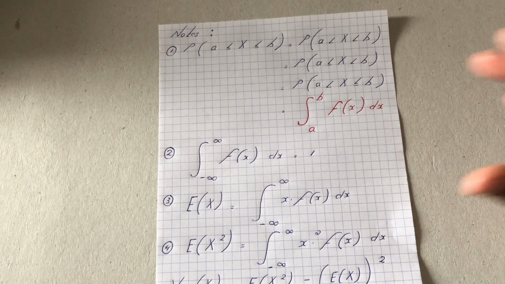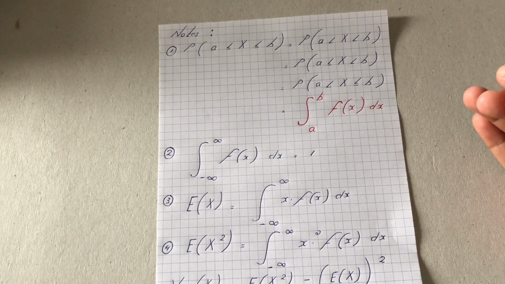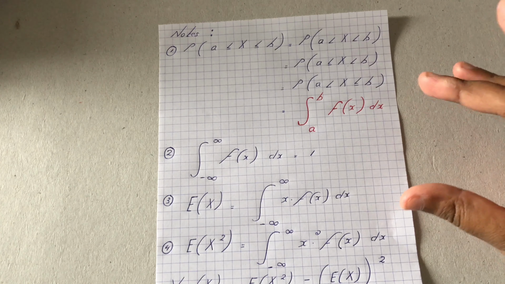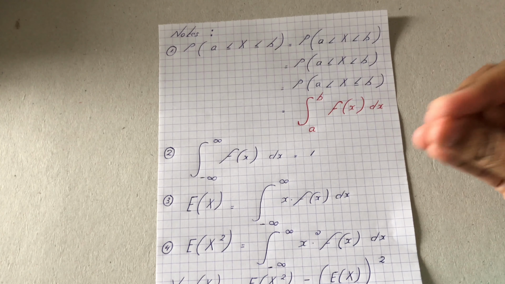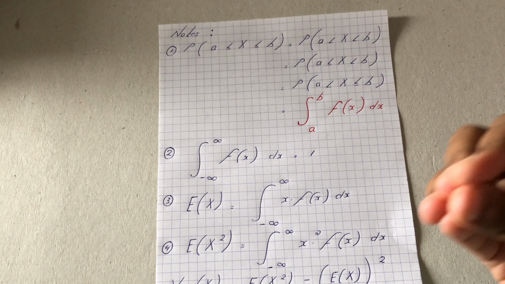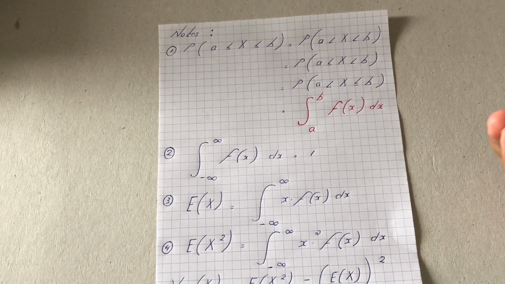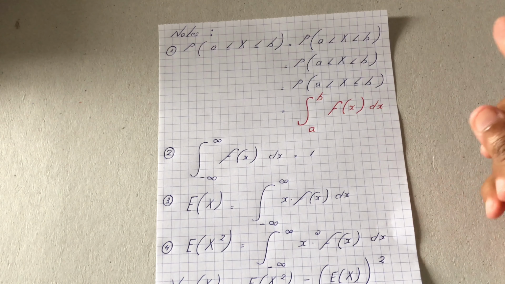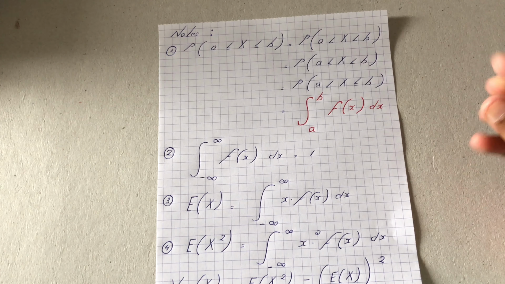So whenever you are dealing with continuous random variables, you need to focus only on a and b. So if you're asked to find a probability between a and b, we simply integrate from the lower limit to the upper limit without taking into consideration the inequality signs, which is different from a discrete random variable where we do consider the inequality signs.